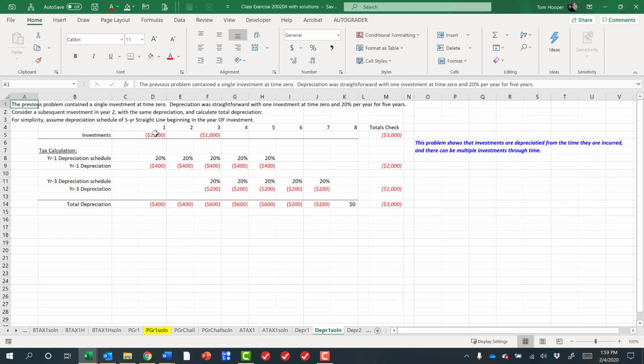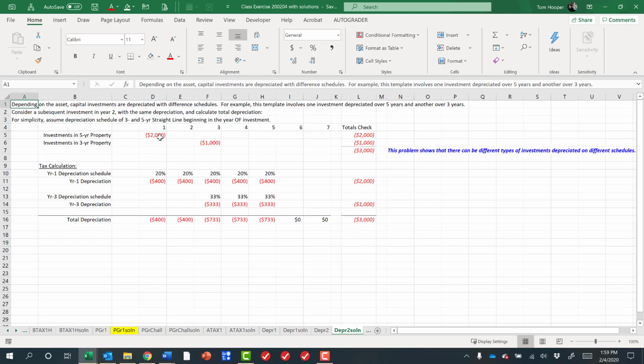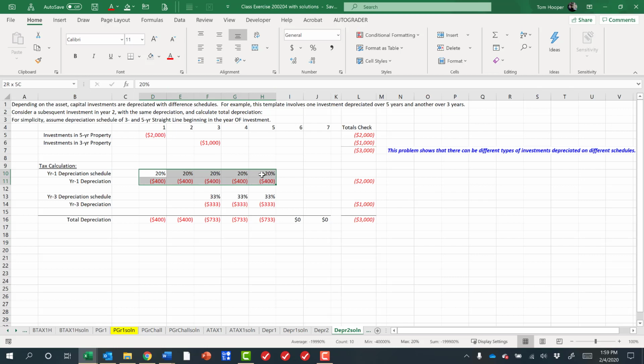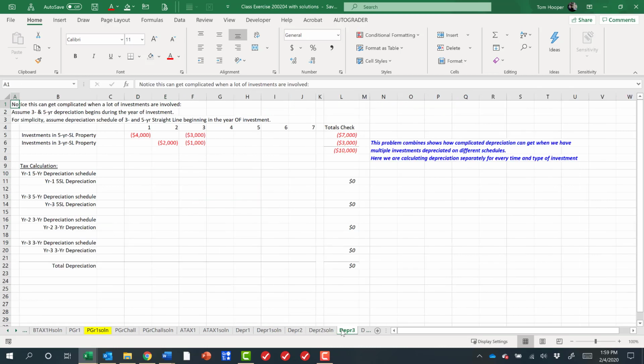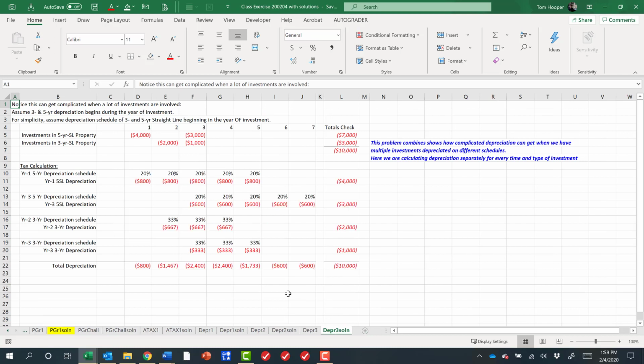For example, if our investments occur at more than one time, or if we have more than one type of investment, maybe one that's depreciated over 5 years and one that's depreciated over 3, then is there any consolidation we can do before this thing gets out of hand, such that every different type of investment we make requires a lot of hard-coded calculation down here?